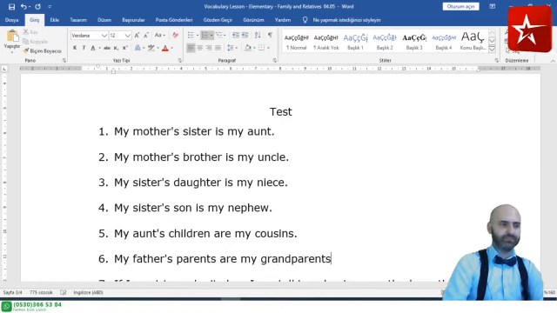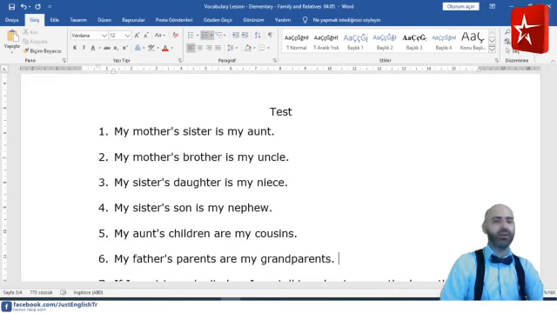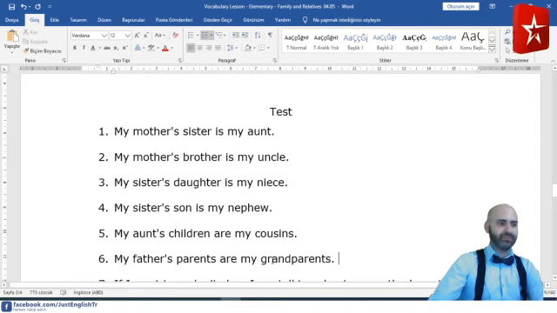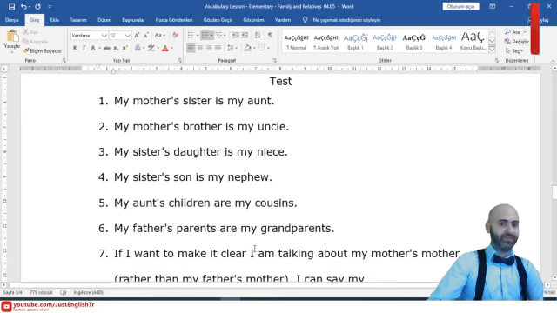Grandparents. Ayfer and Hayrunisa and Talha also have correct answers. Yes, guys, we can say they are my grandmother and grandfather, or we can say together grandparents. Both of them are correct. Let's go to question number 7.